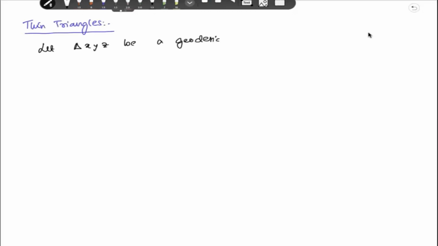What do you mean by thin triangles? Okay, so let us first take a triangle. Let delta XYZ be a geodesic triangle in a metric space. Let us draw a picture of this triangle.